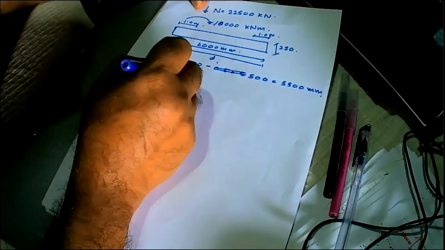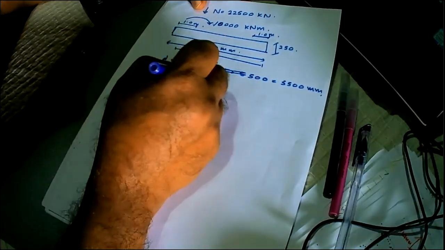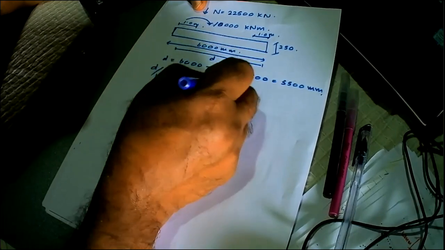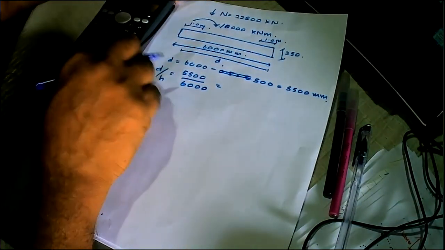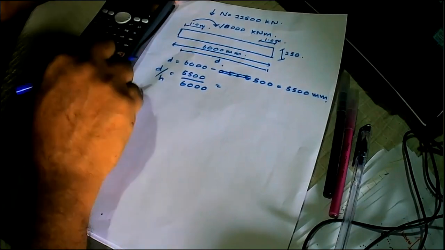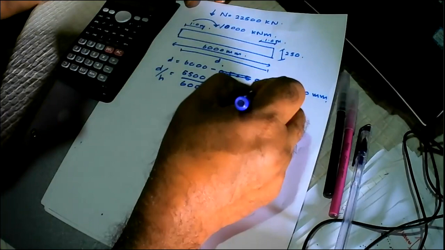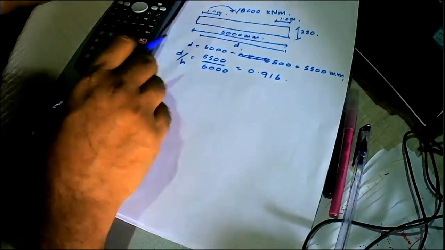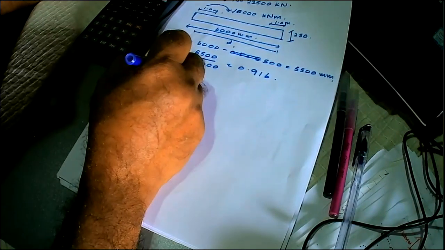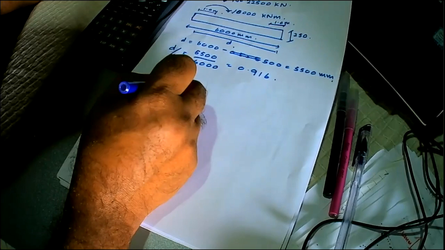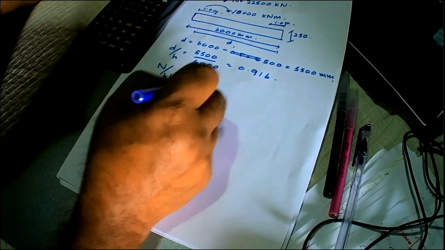Then you can find the D over H ratio, 5,500 divided by 6,000, and you will end up with 0.916, right? So what you can do is, we can find the N over BH value and M over BH squared.